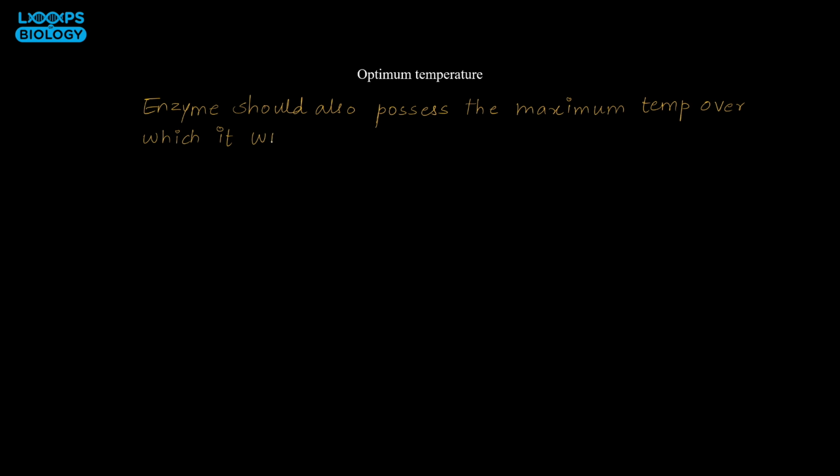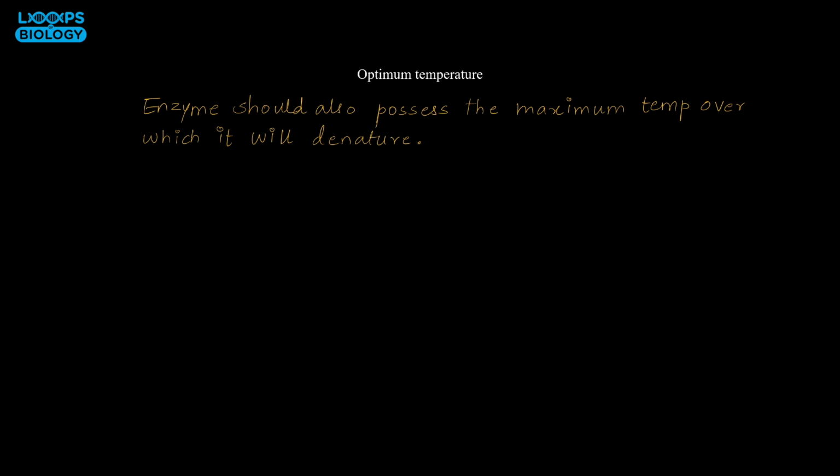So the enzyme should also possess the maximum temperature over which it will denature. What do you mean by denature? That means the complete structure of an enzyme is disrupted.